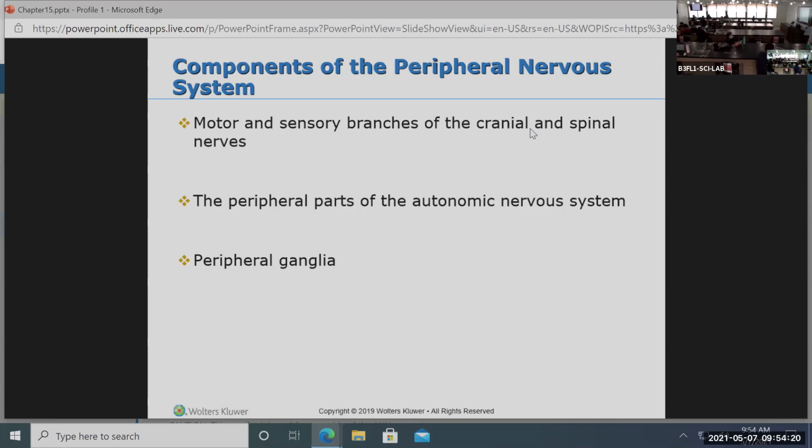Those are called terminal ganglia. So parasympathetic doesn't have a chain, parasympathetic has terminal ganglia. Please remember. The sympathetic has two chains. That's what they're talking about, peripheral ganglia. They didn't mention that one, but I clarify it.